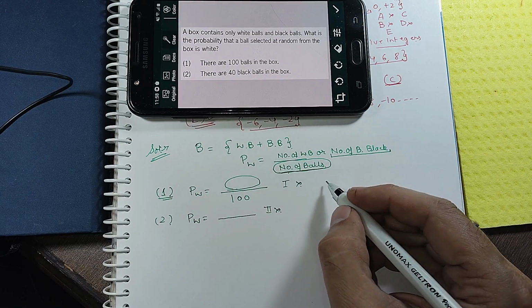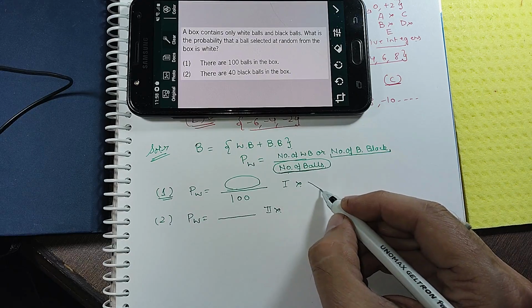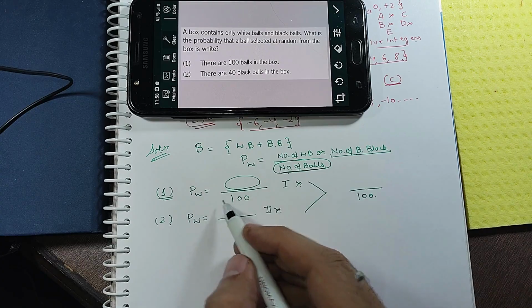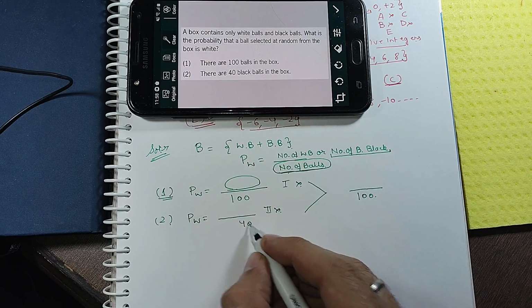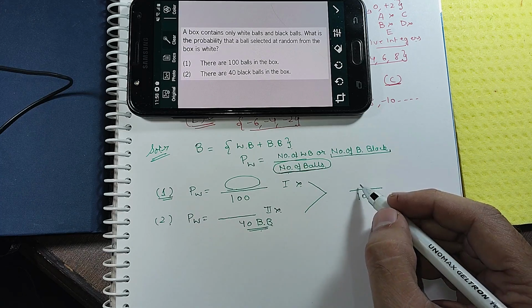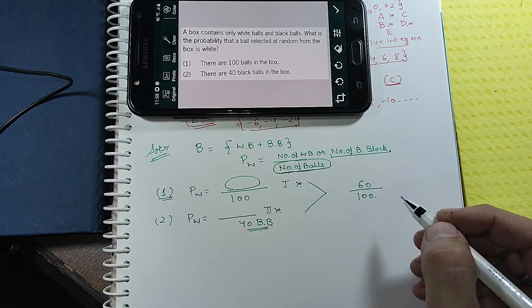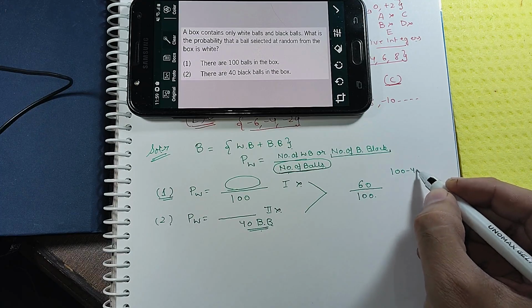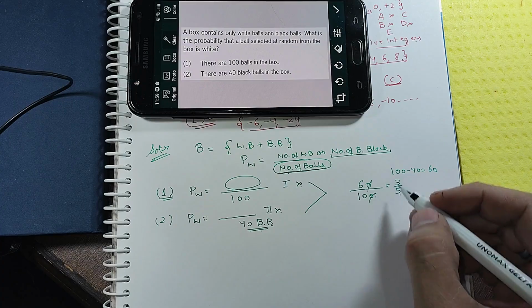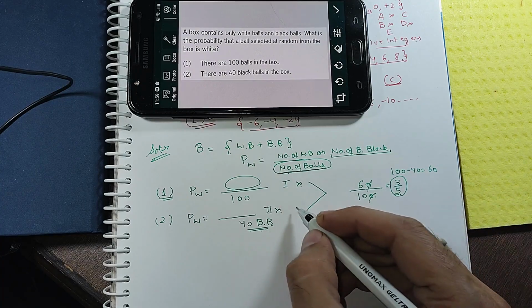Now, combining these statements, I come to know that the total number of balls is 100, and I have been given 40 black balls. If there are 40 black balls, that means there are 60 white balls, since 100 minus 40 is equal to the white balls. So the probability will be equal to 3 by 5. Now I am able to calculate by combining statements 1 and 2.